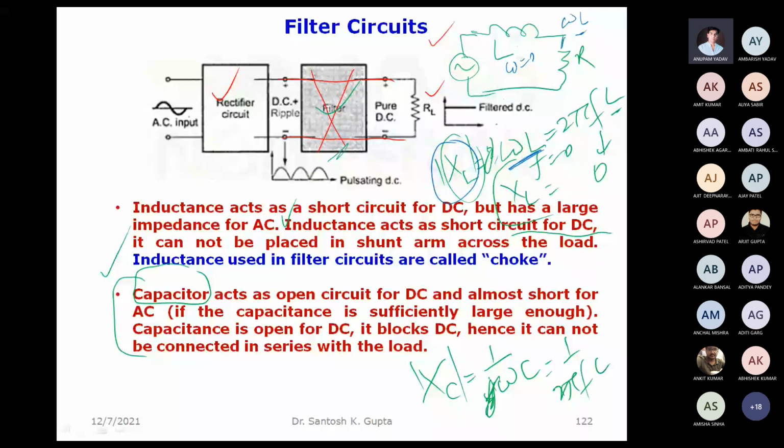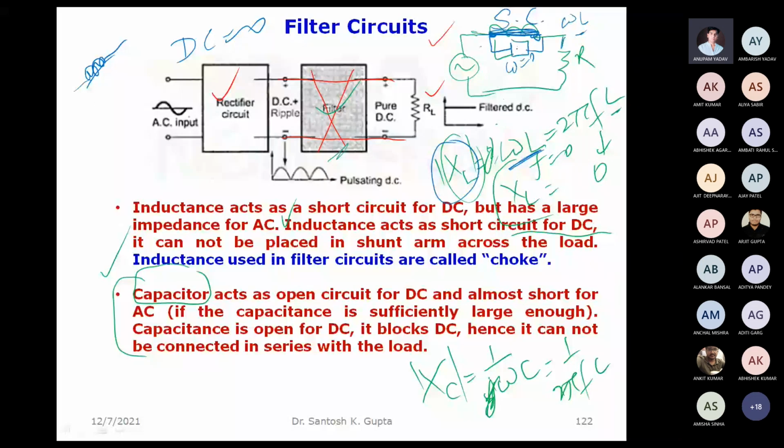So for a DC signal, this inductor will appear as if it is not present there. It is acting like a short circuit here. Whereas for AC signals having a high frequency, this will give a very high impedance.